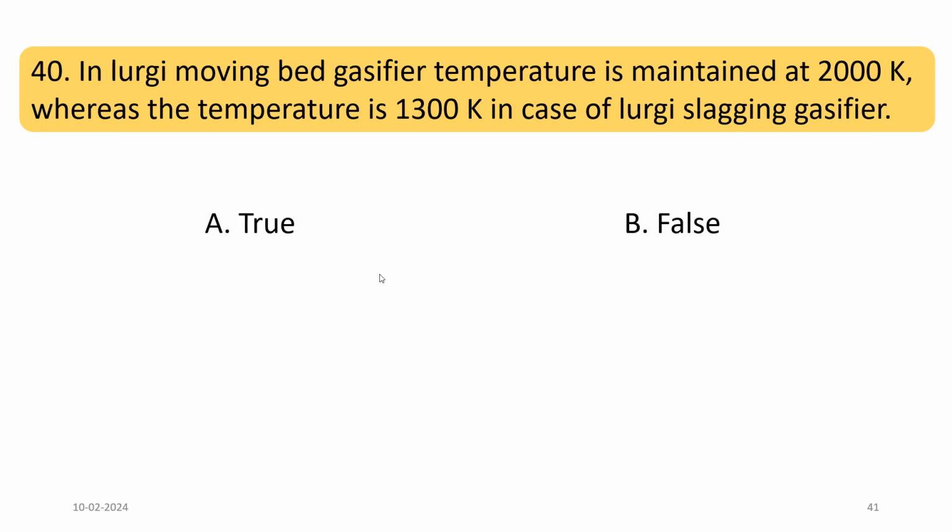In the moving bed gasifier, temperature is maintained at 2000 Kelvin, whereas the temperature is maintained at 1300 Kelvin in case of slagging gasifier. Is it true or false?